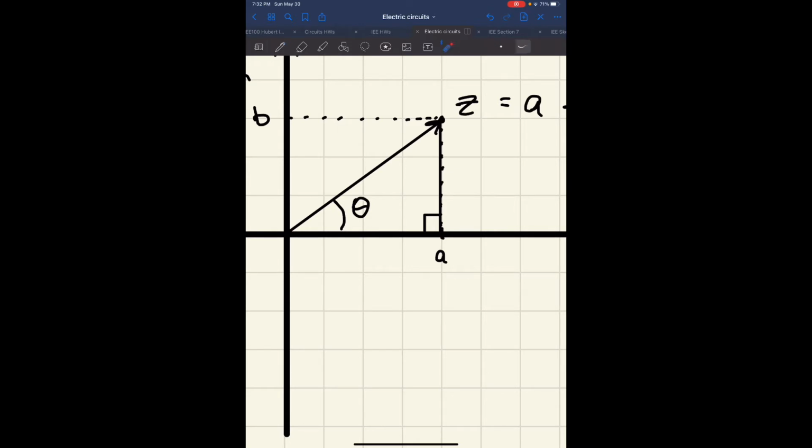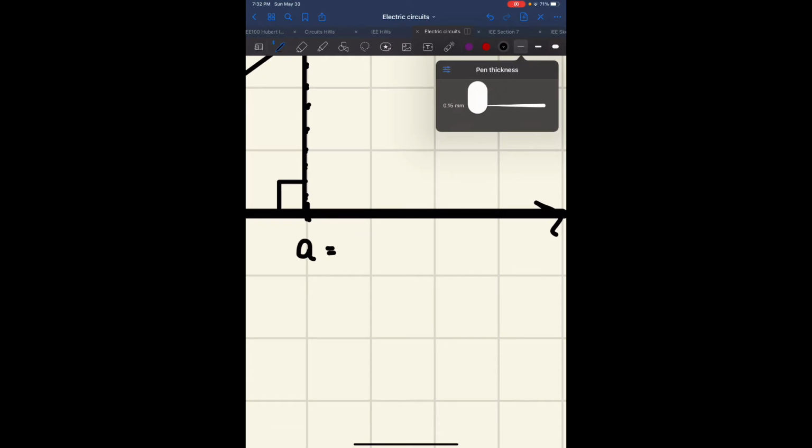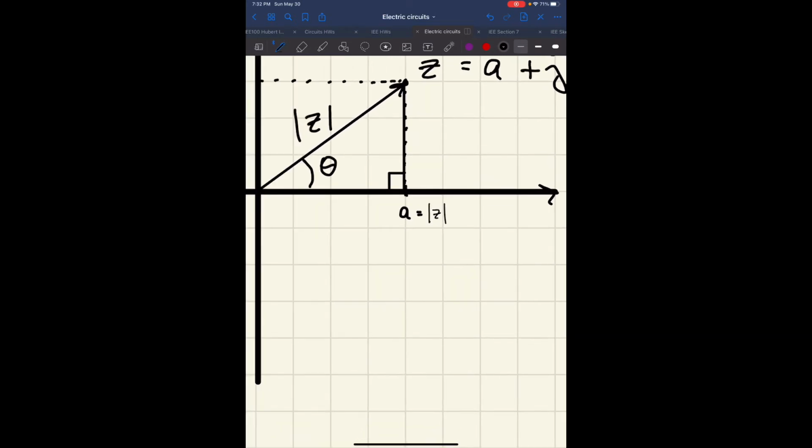So this distance over here, a, I can write as the length of my hypotenuse, in other words, the magnitude of the vector z, times cosine of theta.